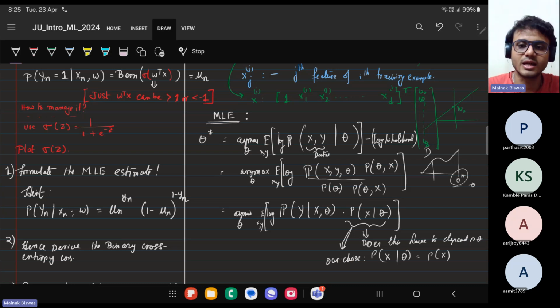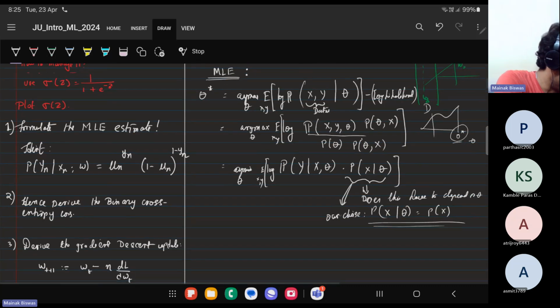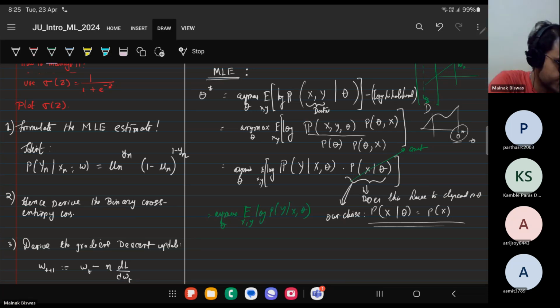This is our design choice. You can make models where you take the likelihood of x as well. But here our choice is we will not, and therefore this is just a constant. So I can write this as argmax over theta. Very important, that's why I'm writing it in green. Log of P of y given x, theta.